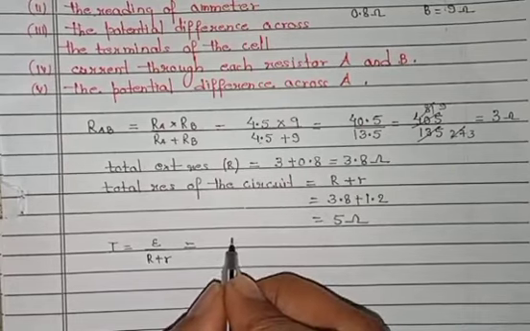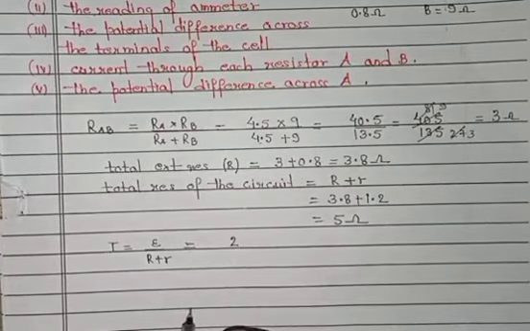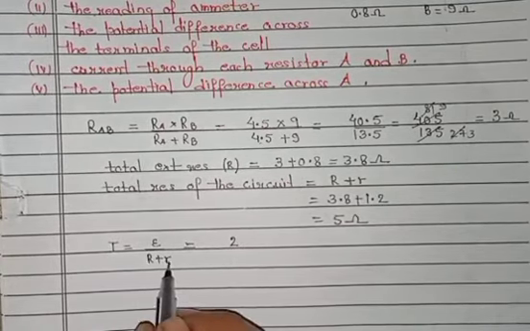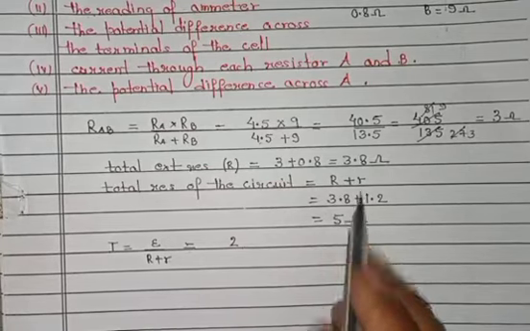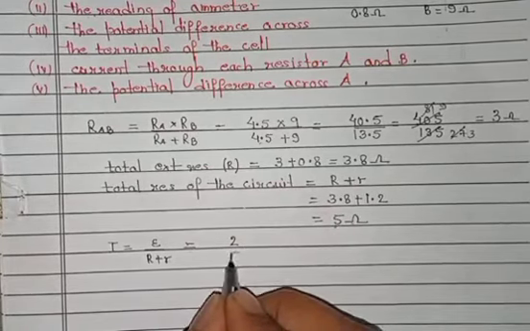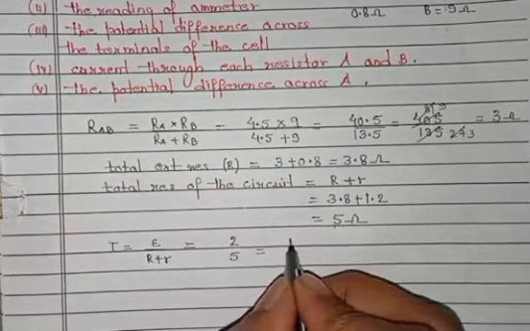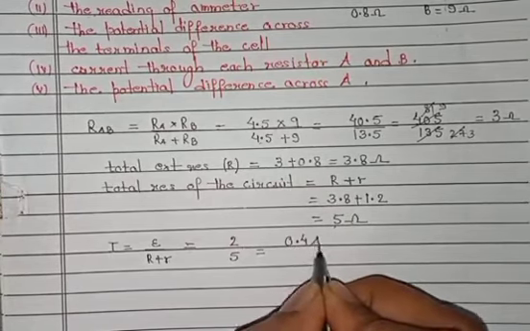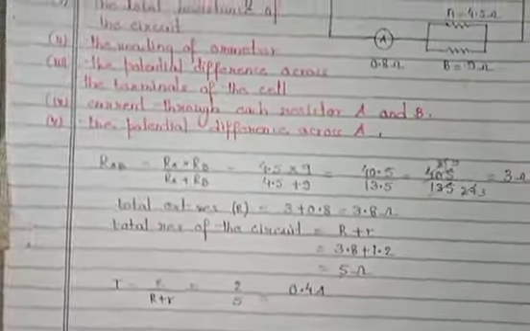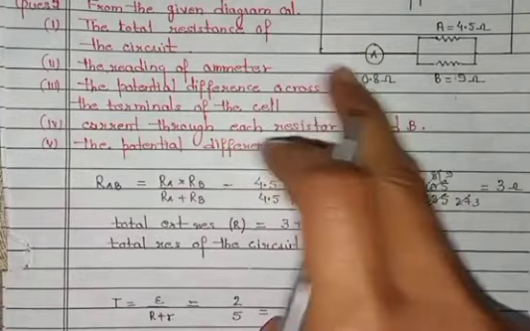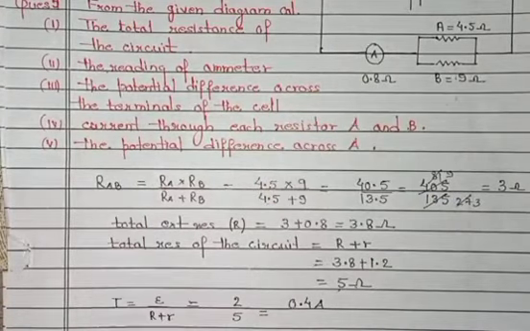So EMF given to us in the question is 2, capital R plus small r is 5. So main current is 0.4 ampere, and this main current will be read by the ammeter. So you can say the reading of ammeter is 0.4 ampere.